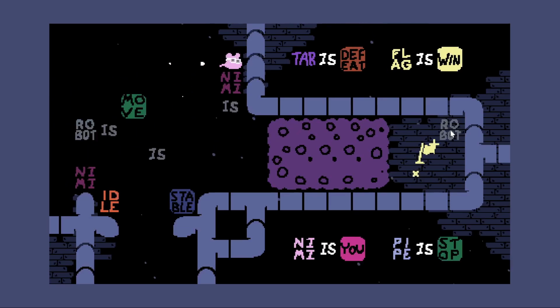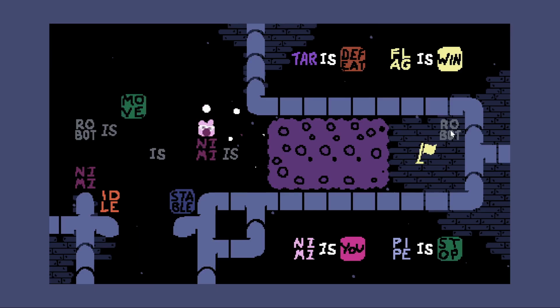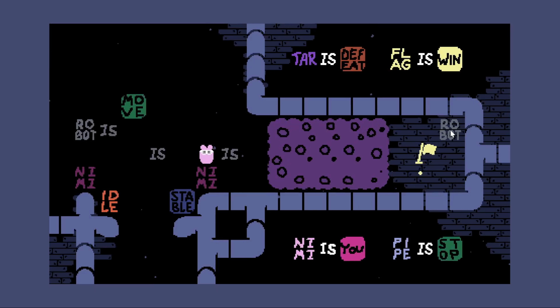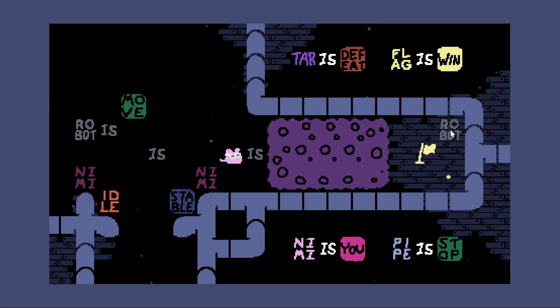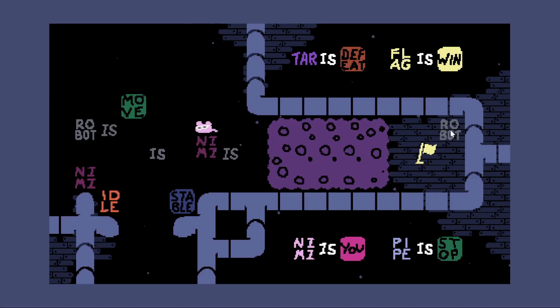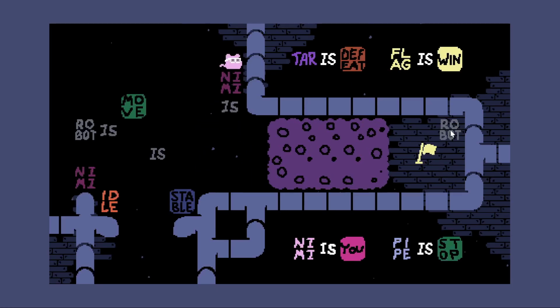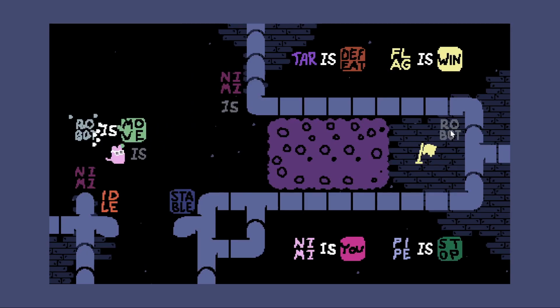And then I push Nimi down there. I push is through, you know. And then my final step is to push Nimi down there while somehow... That wouldn't work on idle blank is stable though.